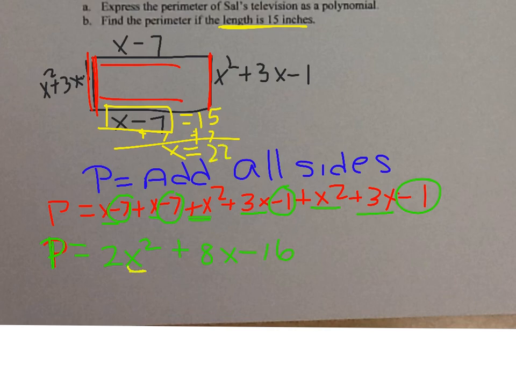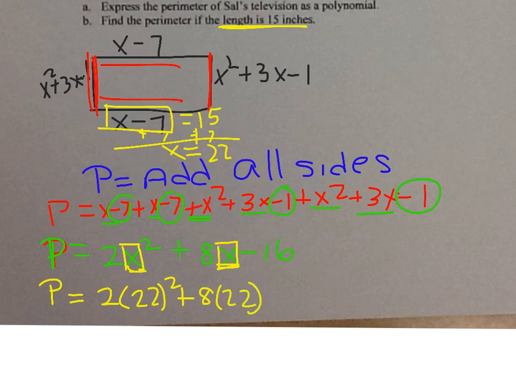So I can plug x is 22 in for all these x's here and figure out what the perimeter is. P equals 2 times 22 squared plus 8 times 22 minus 16. So plug that into your calculator and we get 1,128 inches.